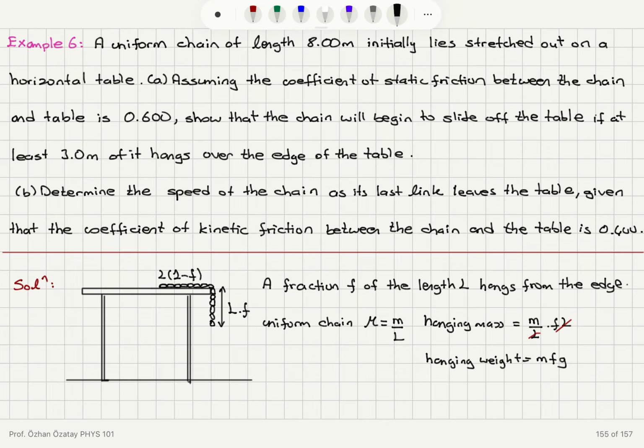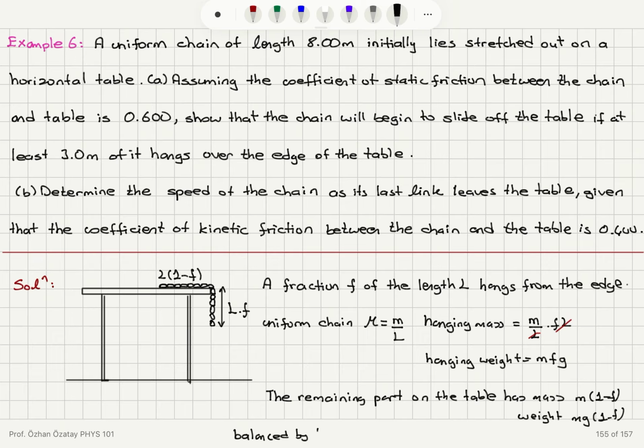Now the part that remains on the table has mass m times (1 minus F) and weight mg(1 minus F), which is balanced by the normal force, because this portion is not moving on the vertical axis.